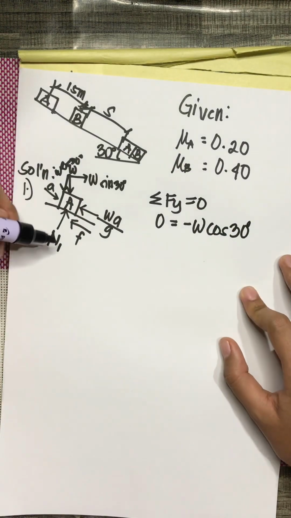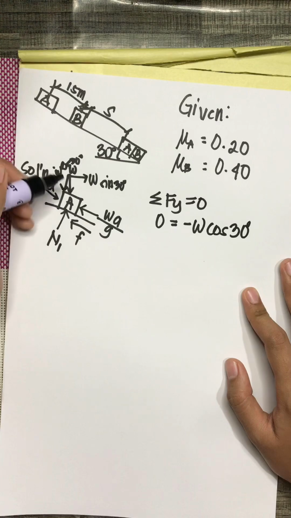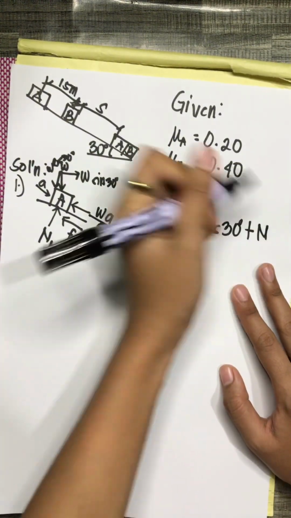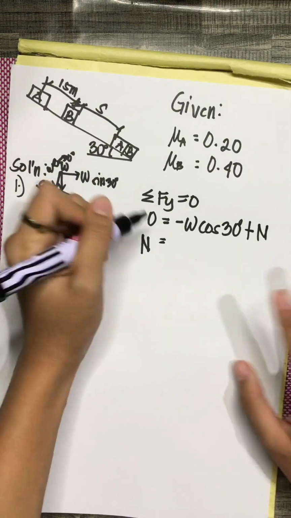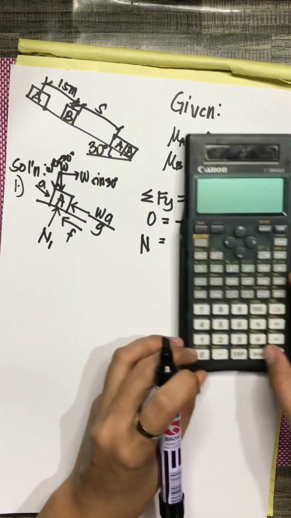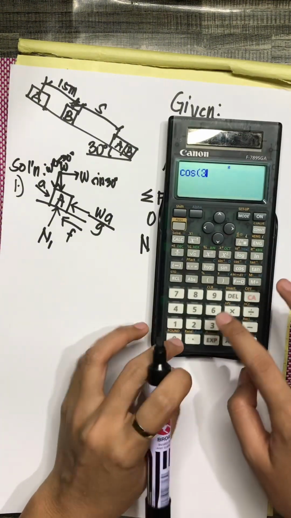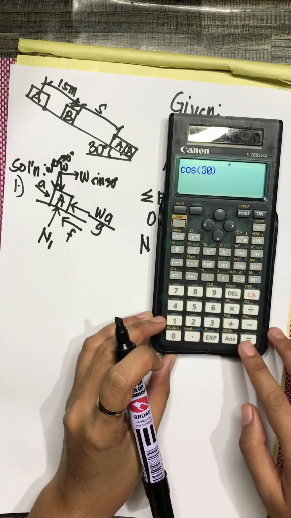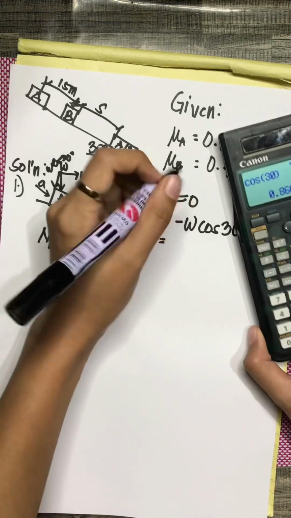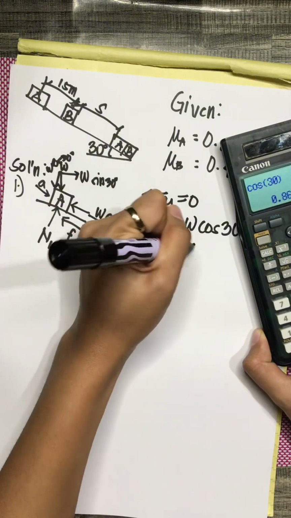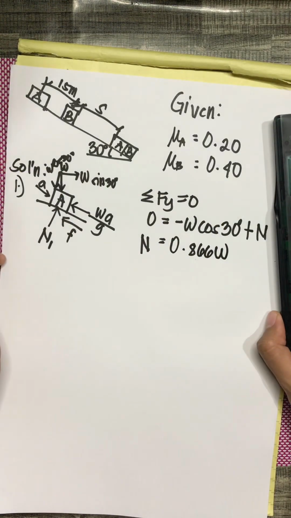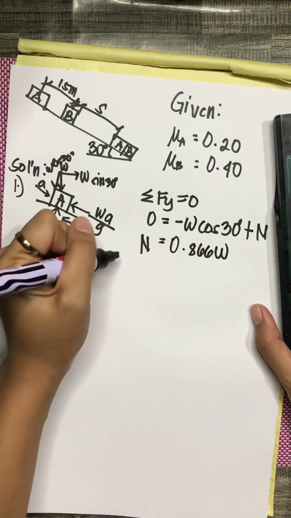Then the normal force is going up, so it's positive. So N equals W cosine 30 equals 0.866 W.